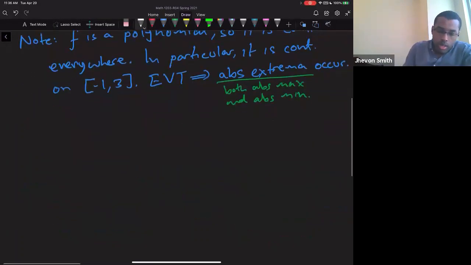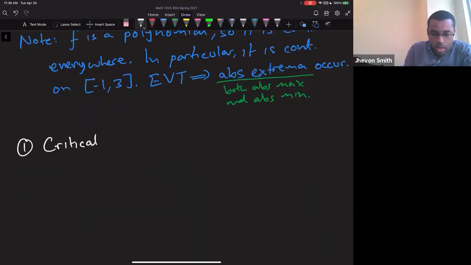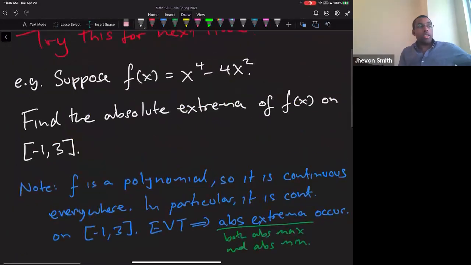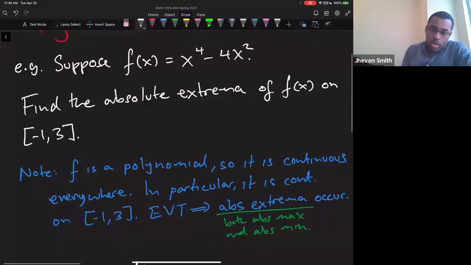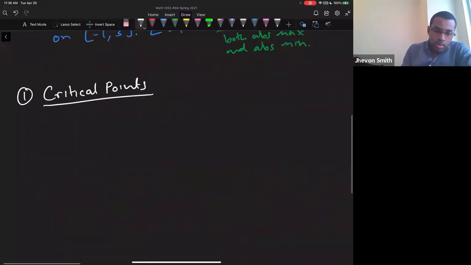So we are going to, step 1, find the critical points. Now remember what critical points are. This is where the derivative is 0 or undefined. So we are going to take the derivative of this, which is 4x cubed minus 8x.